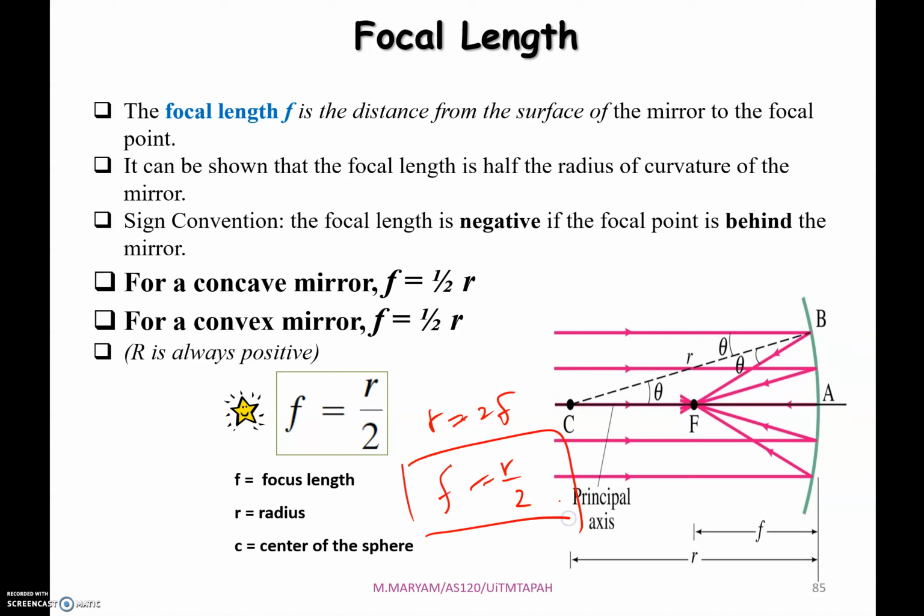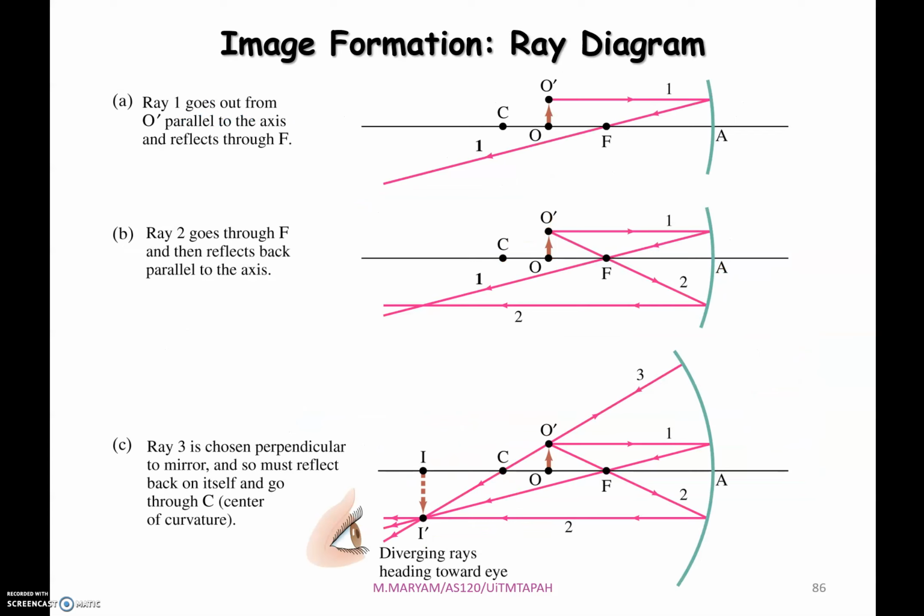This is one way you can identify your focal length value or your radius of curvature value. Again, I'm going to remind you, for sign convention, focal length is negative if it is behind the mirror. It is positive if it is at the front of the mirror. Opposite of lenses.